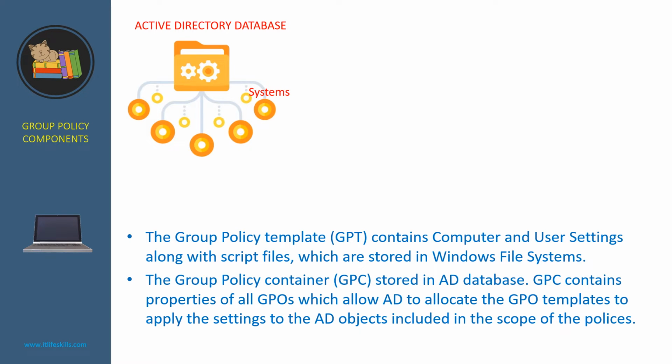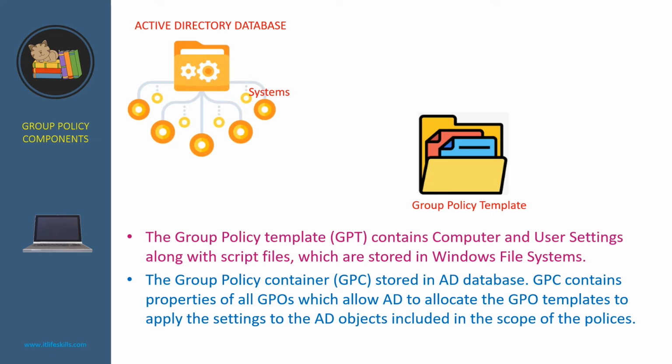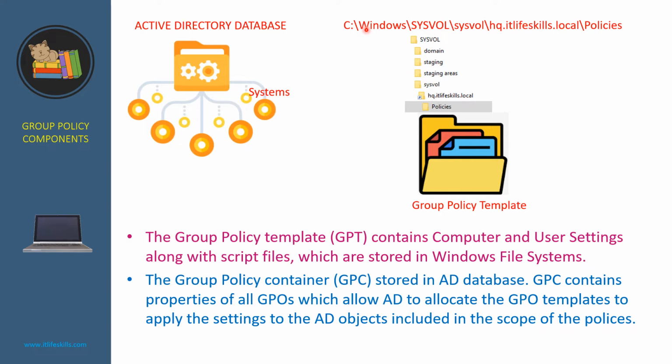As you may know, Windows Active Directory group policy contains two components. The first component is the group policy template, which contains user and computer settings along with script files, which are stored in Windows file systems at C:\Windows\SYSVOL\domain name\Policies.